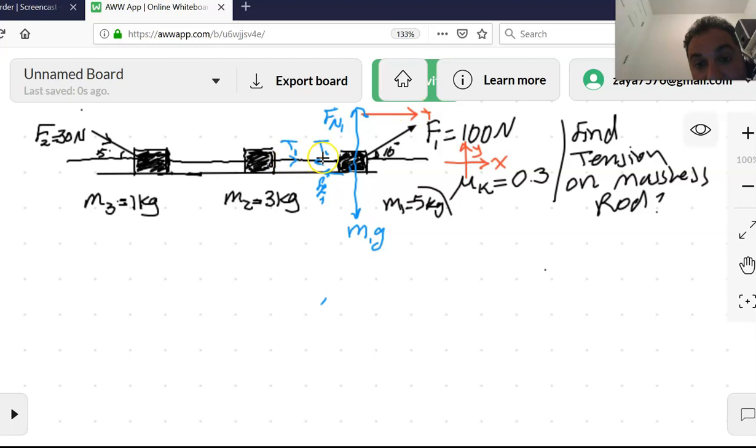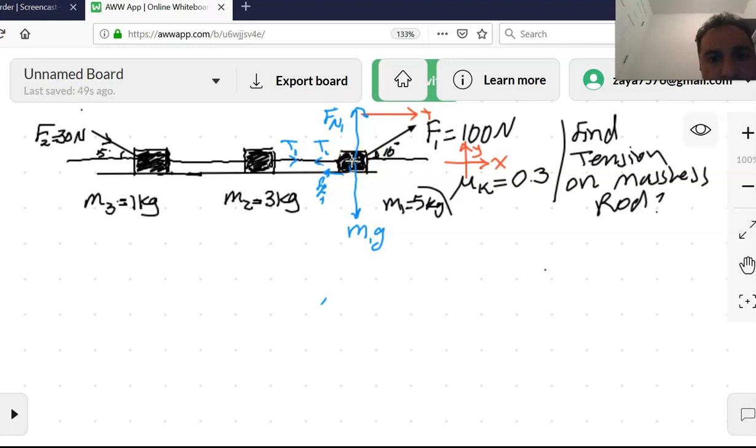This T1 doesn't let M1 go easy. This T1 is formed by M2, and this T1 is formed by M1. They are equal. The left one belongs to M2, and the right one belongs to M1.